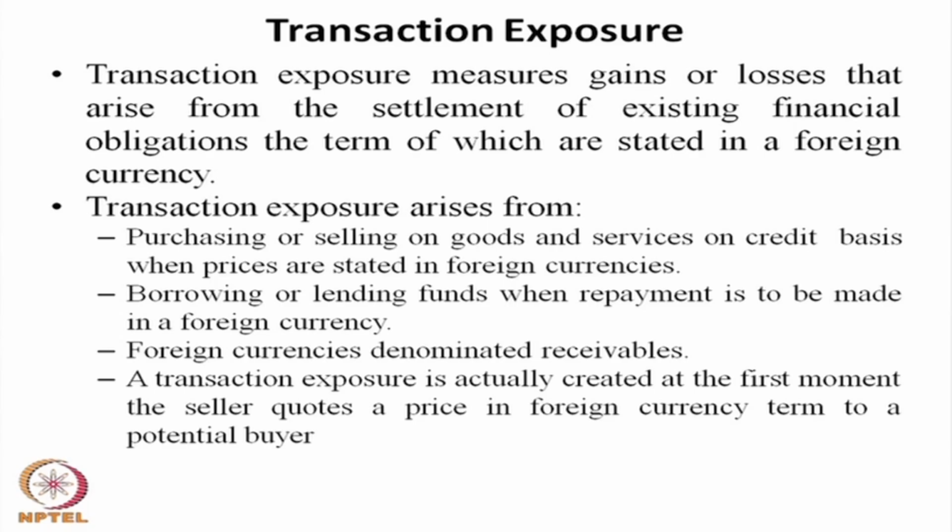Similarly when borrowing funds, when payment is to be made in a foreign currency, we have to pay principal and regular interest. Since foreign currencies fluctuate, the principal value changes and the interest payment also changes, so we have transaction exposure.